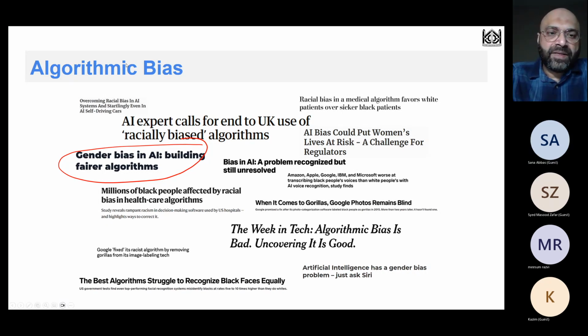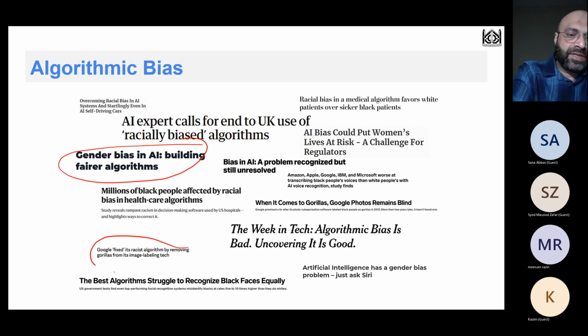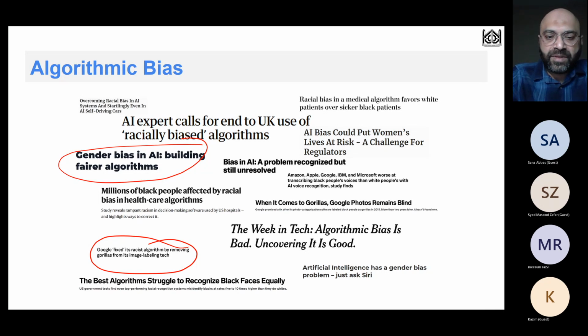All right. So these are some of the examples here, and I'm going to be coming to further examples in the coming slides. Like, Google fixed their racial algorithm by removing gorilla from its image labeling system. There were lots and lots of examples.